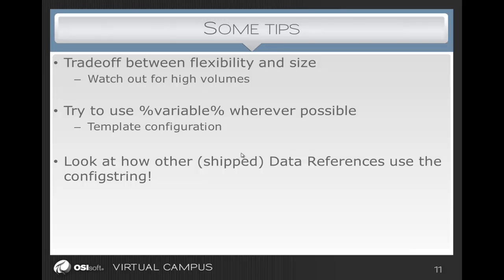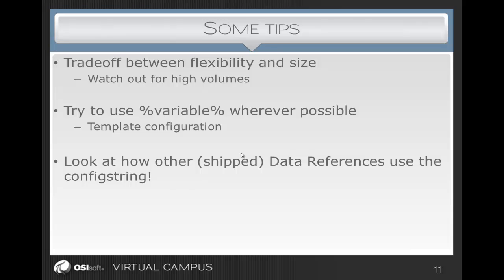Maybe you've seen them, for instance, in the PI Point data reference, using variables, which you can give your own format to. Usually with the PI Point data reference, they use the percent sign type, but it's really up to you.